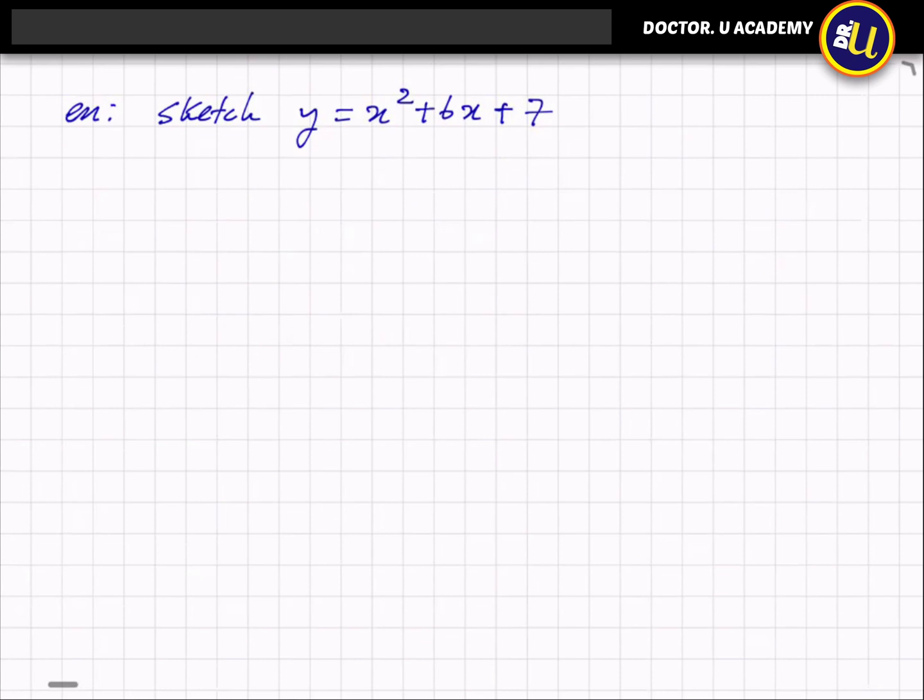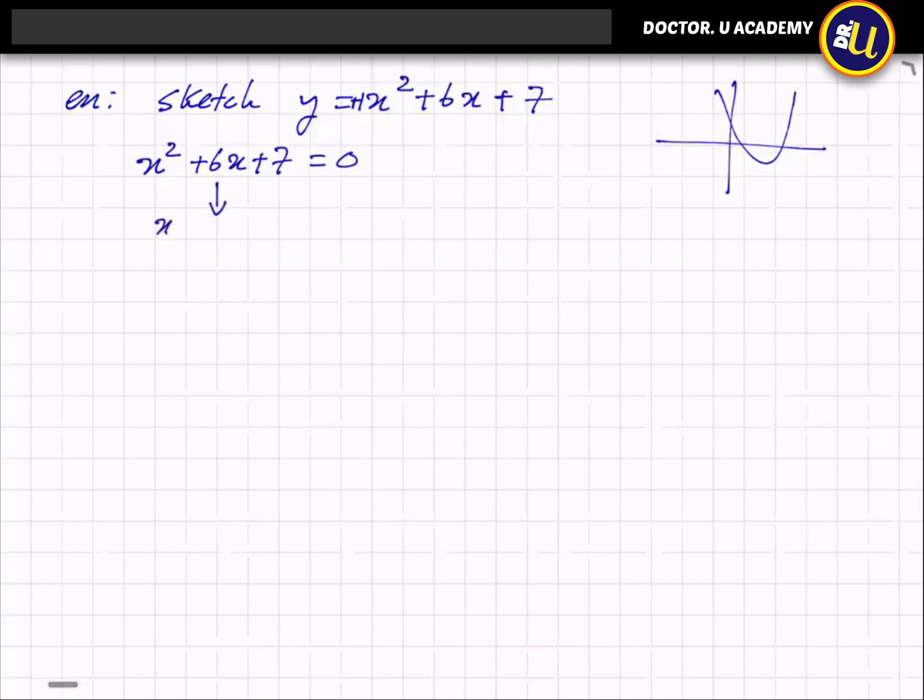Okay, so now in this example, again you will see the coefficient of x squared is +1. So the graph should look like this, a minimum, and now you need to find the x intercepts, right? So to find the x intercepts, you need to equate this to 0. Now you understand from here you can't factorize this using the general method, so you use the perfect square method. The perfect square method would be (x plus 3) squared plus 7 minus the square of this one, which is 9, is equal to 0.